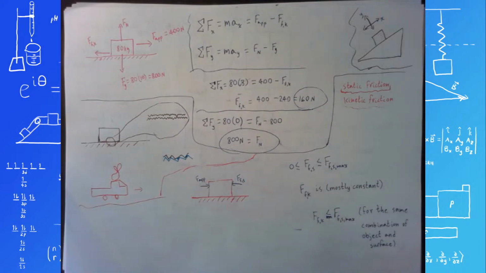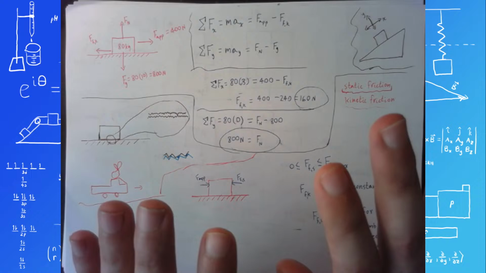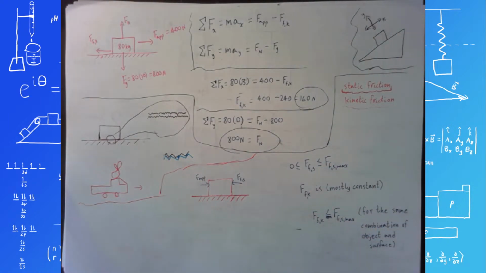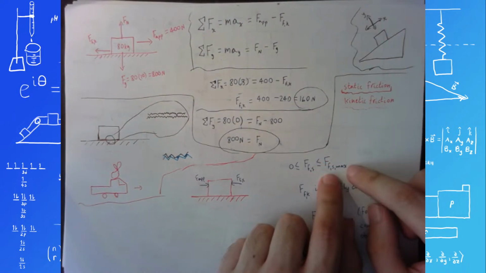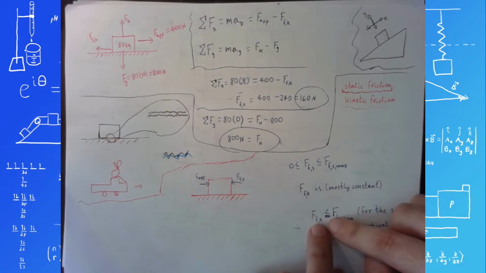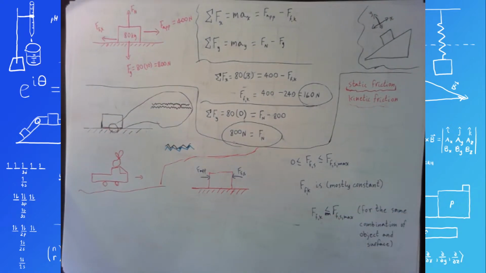You push and push until it finally budges, and once it budges, it gets easier to keep it moving. That is the switch between your maximum static friction and your kinetic friction. You're feeling a reduction in the force being applied to the left.